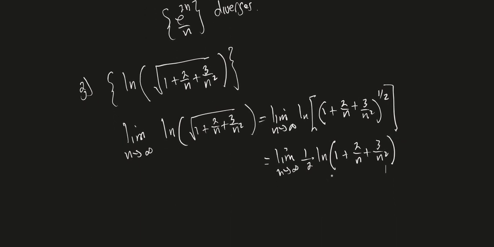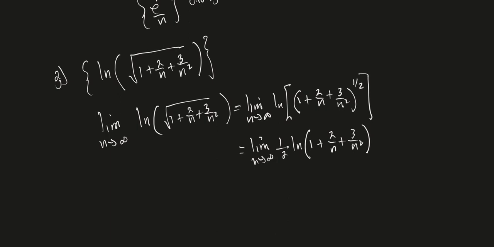Right? Now, the thing is, this isn't an indeterminate form. There's no 0 over 0, there's no infinity over infinity. But what this example allows me to do is to remind you of an important property of limits. If you have a continuous function, and we know that the natural log is continuous for all positive values, and if you look inside here, all these operations will always produce something positive.